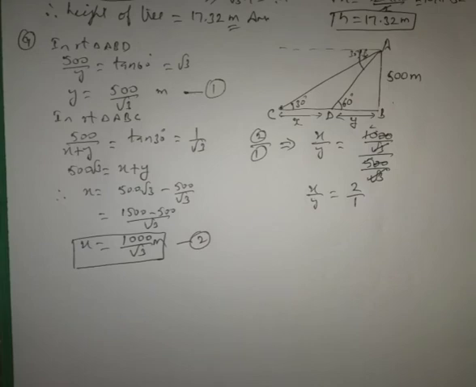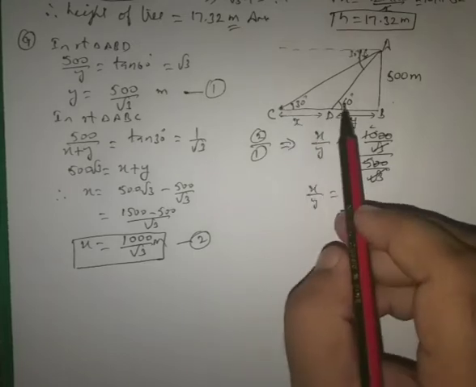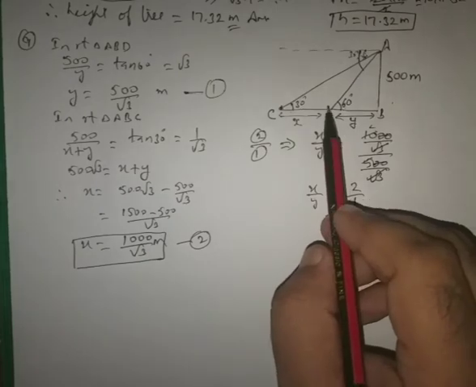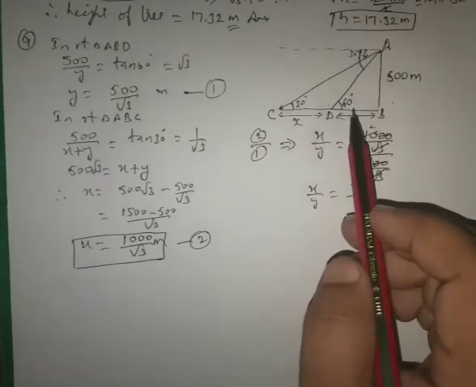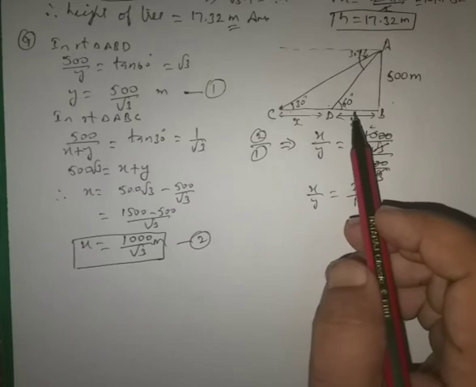Now in the question, it is given that the time taken to change this angle from 30 to 60 degrees is 3 minutes. How much more time will it take to reach the shore?